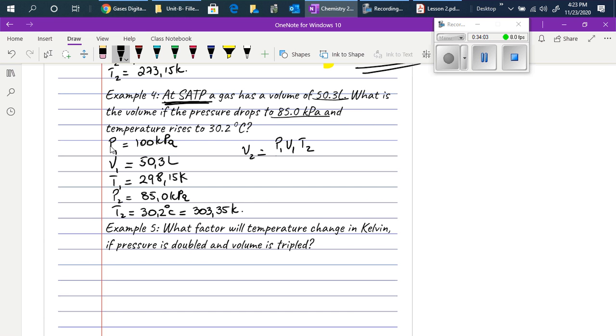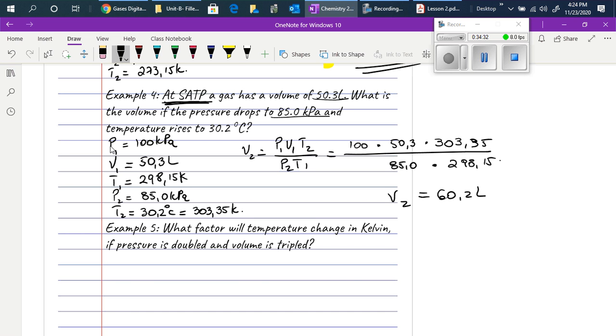And what we are looking for is volume 2, and I will write the formula P1 V1 T2 over P2 T1. This will be 100 times 303.35 over 85 times 298.15, not writing the units since we know that everything will cancel out. And then volume 2 will be 60.2 liters.